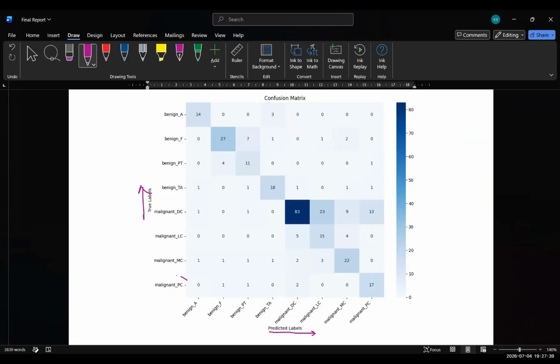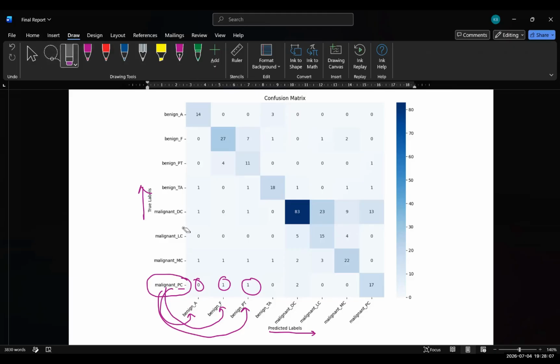So in truth, for malignant phyllodes tumor, malignant PT is one label, one folder. How much of this sample had been classified as benign? So 0. How much malignant PT has been classified as F1? How much malignant has been classified as benign PT1? I hope you got it now.